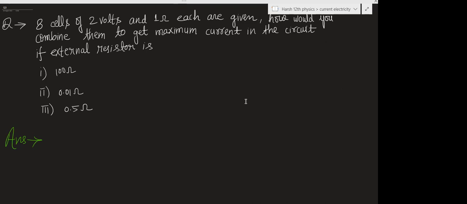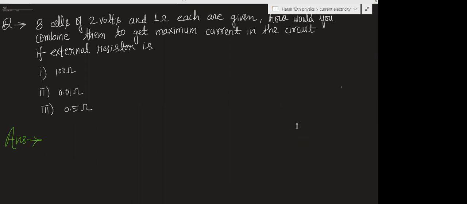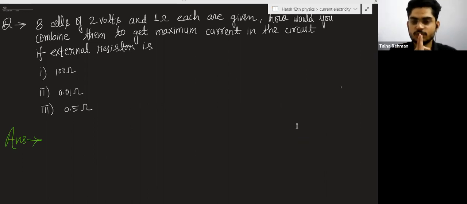Done, sir. So Harsh, I am giving you a break of 2 or 3 minutes. Just revise your mixed combination only. After that, just revise series combination of identical cells, parallel combination of identical cells, and mixed combination of identical cells.